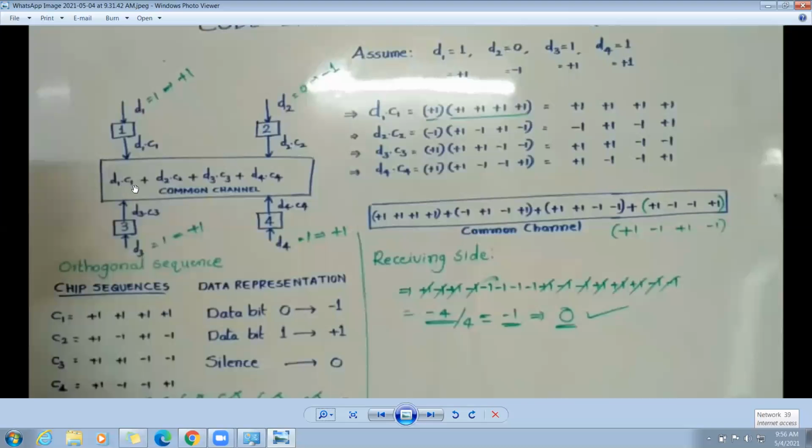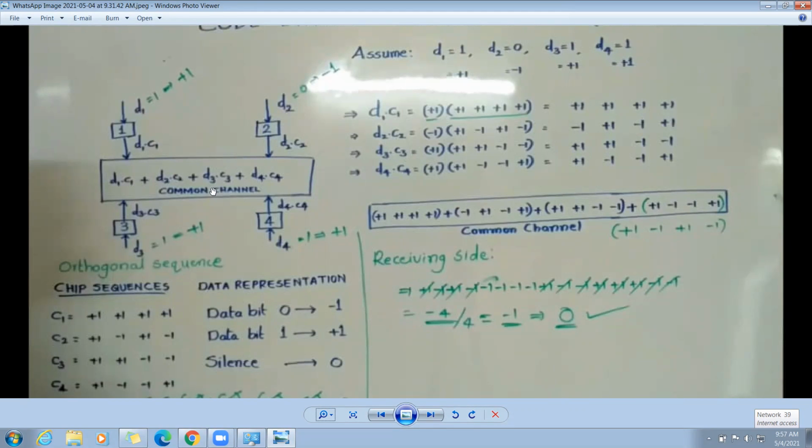D1 into C1 is station 1's data. Data 1 is multiplied with the code. D1 into C1 plus D2 into C2 plus D3 into C3 plus D4 into C4. This is the data to be transmitted in the common channel, which is shared among the 4 users, that is 1, 2, 3, and 4.